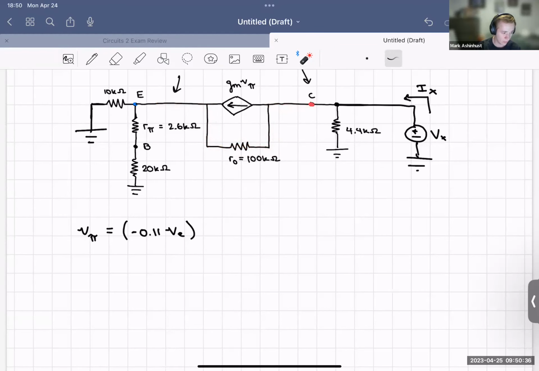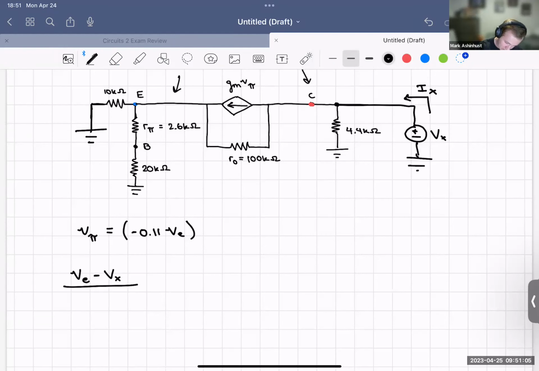And then we'll have our gm VE, or gm Vpi, sorry, gm Vpi. So let's write that out. Let me look at that. Yeah, so VE minus Vx.